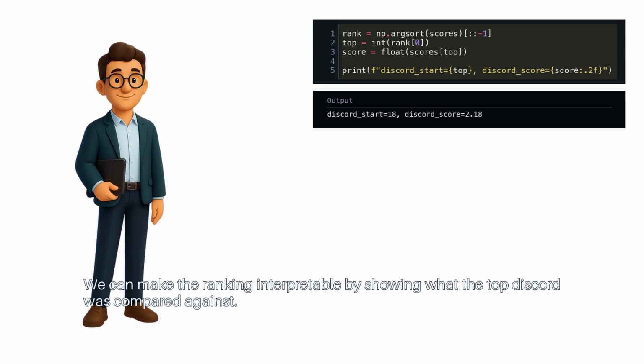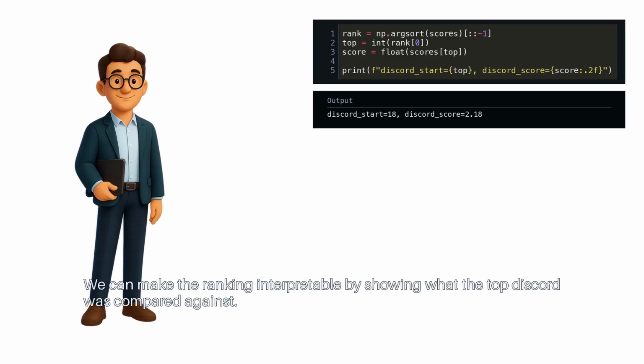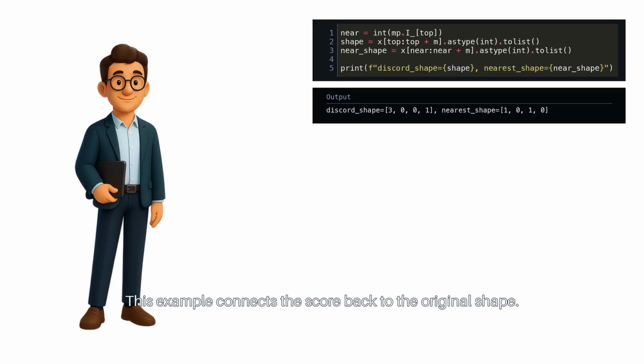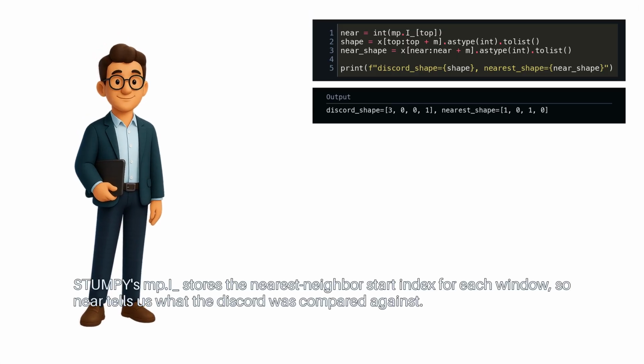We can make the ranking interpretable by showing what the top discord was compared against. This example connects the score back to the original shape. STUMPY's mp.I stores the nearest neighbor start index for each window. So near tells us what the discord was compared against.